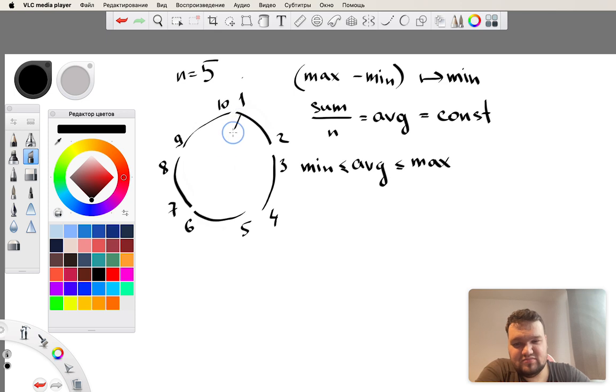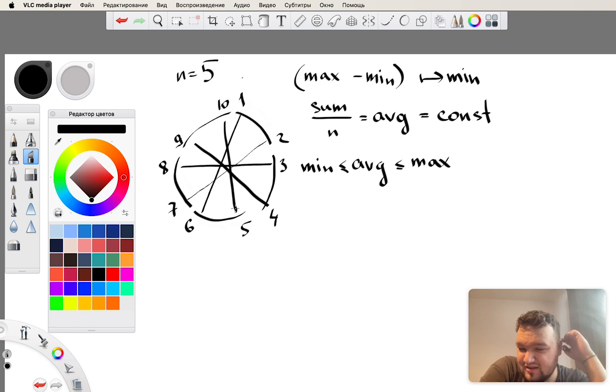So this pair is matched, this, this. All of those lines should have passed through the center of the circle. Also, it was supposed to be a circle. I'm not great at drawing circles, is the lesson we learned here, I guess.